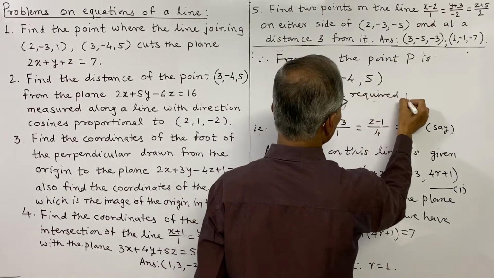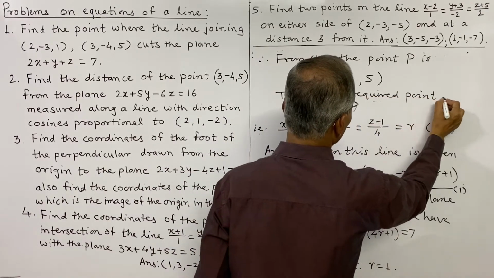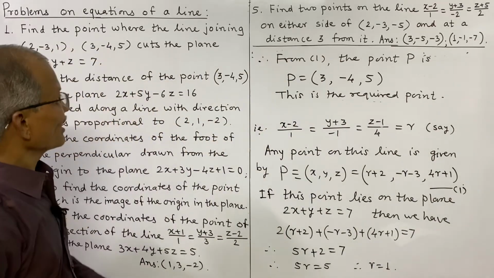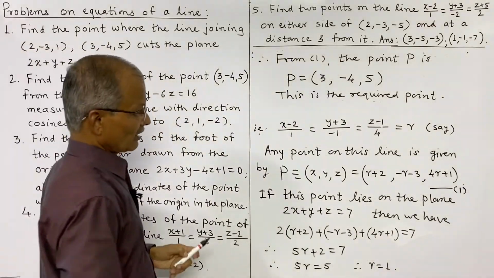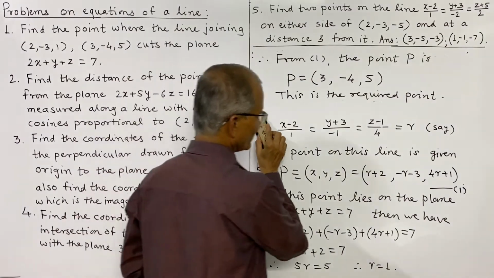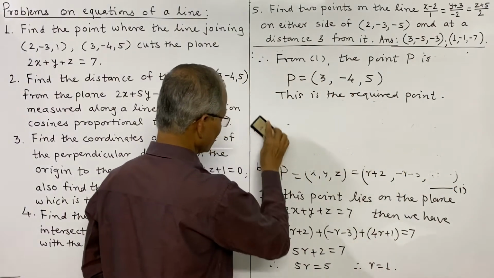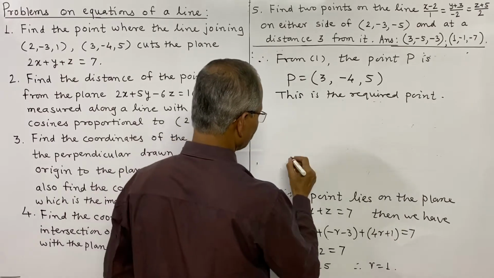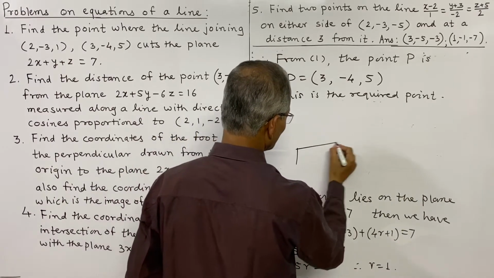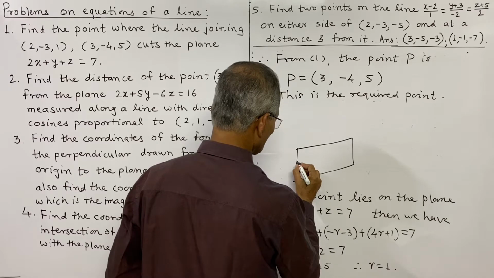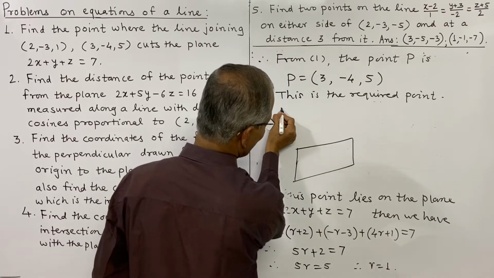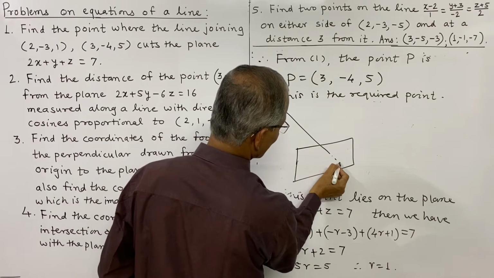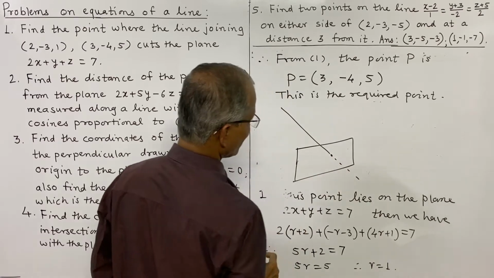So in this way we can solve the problem where the line cuts the plane. Actually the figure we have not drawn, but it will be of this type. See, this is a plane, and this may be considered as a line which cuts the plane at this point.